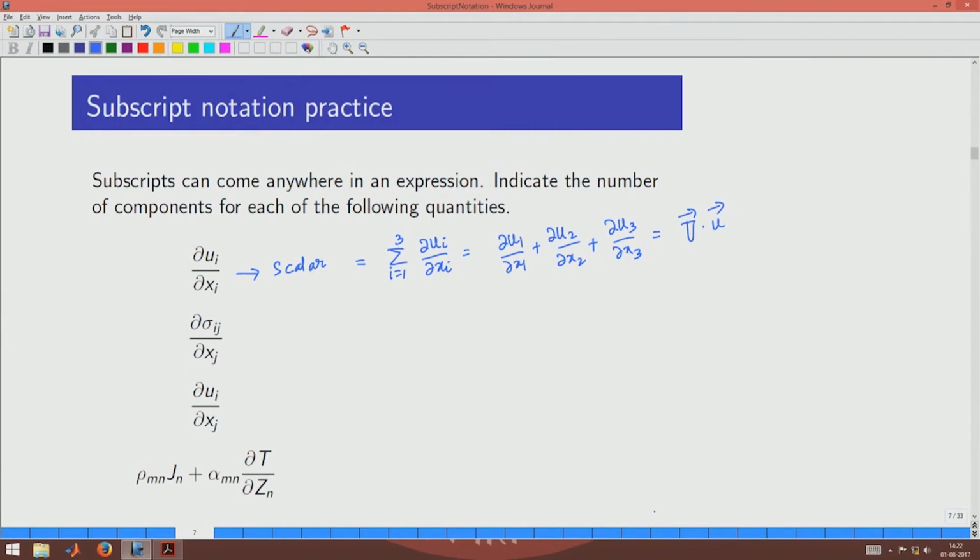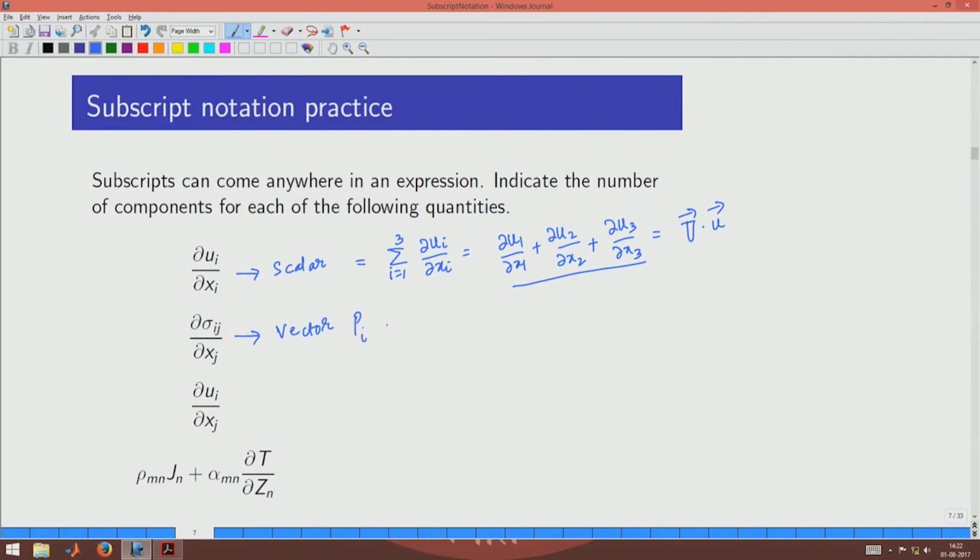So, you could see that this expression is giving you a very brief way of writing the divergence expression that is here. Similarly, here the same thing, but you have got one free index. The j index is dummy, i is a free index. So, this must be a vector, and let us choose this vector to be p, and the free index is i.